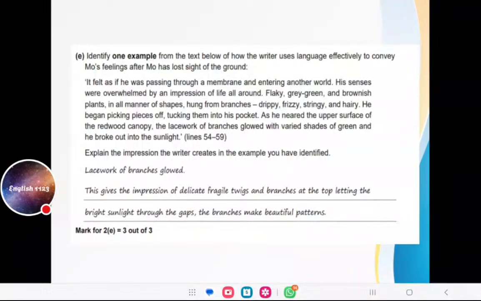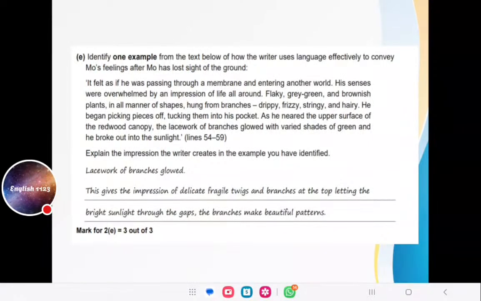So this gives the impression of delicate, fragile twigs and branches at the top, letting the bright sunlight, that is related to glow, through the gaps. The branches make beautiful patterns, lace. We had discussed this earlier, so I am moving to the next one.